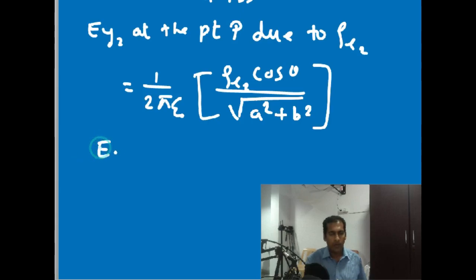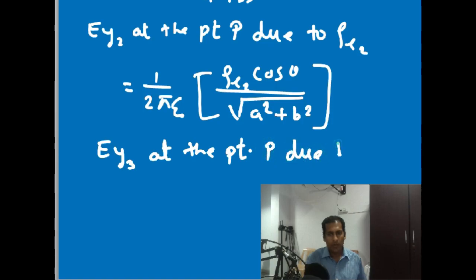Similarly, we can have EY3 at the point P due to rho L3.